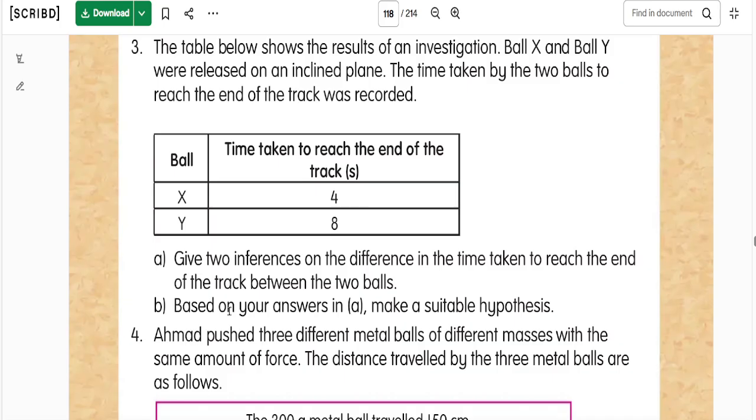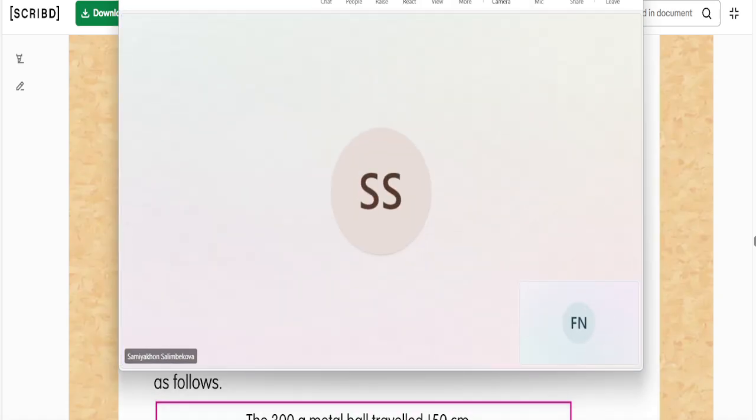Okay. Or it can be the mass, there could be a mass difference, right? The ball with less mass will reach faster, right? Okay. Just give me 1 minute.